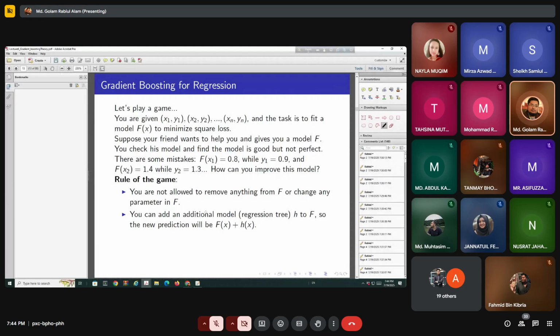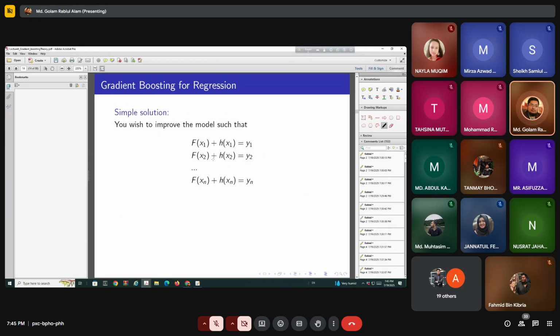This is our F of x. We need to find the error of this model, and based on those errors, we can create another model, H of x. Then we can add the predictions of F of x and H of x to get a better result.